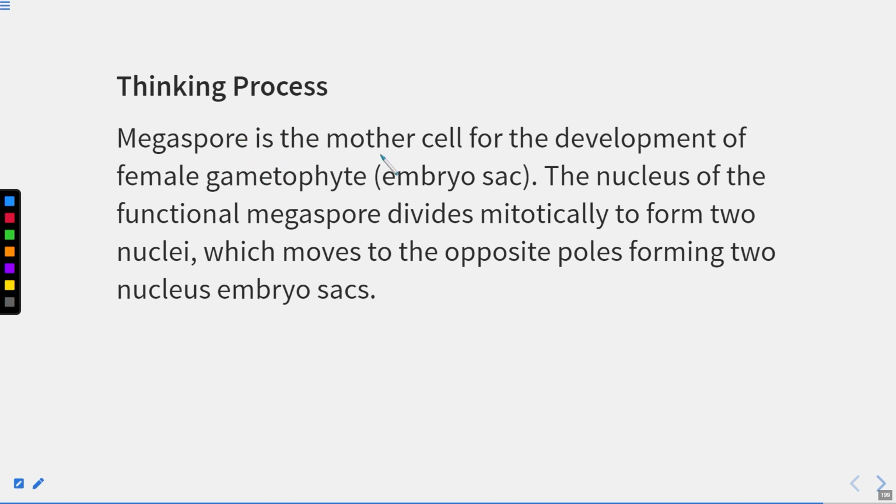So megaspore is the mother cell for the development of the female gametophyte. And what is female gametophyte? Embryo sac. So embryo sac is known as the female gametophyte. And the female gametophyte is formed by the megaspore. So initially what happens?